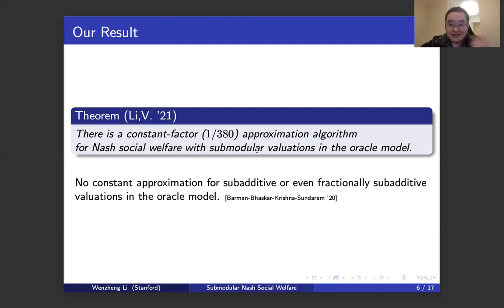As I mentioned earlier, submodular is the largest natural class for which we can hope to get a constant approximation. That's because there are hardness results showing that in the oracle model, it's impossible to get a constant approximation for subadditive or even fractionally subadditive valuations with polynomially many queries.